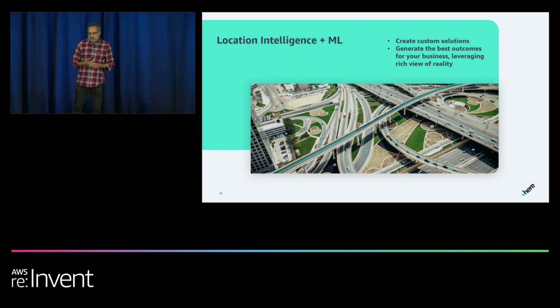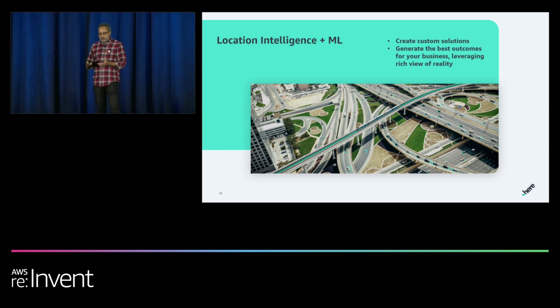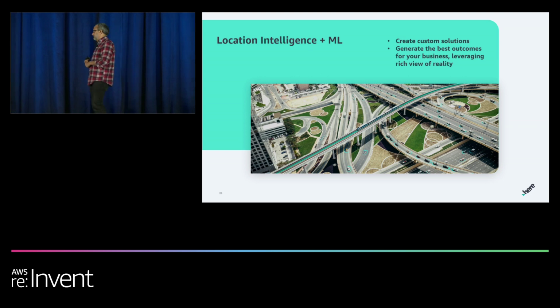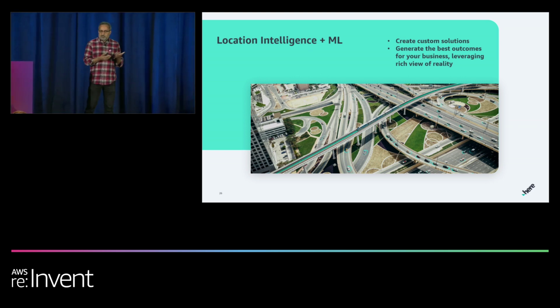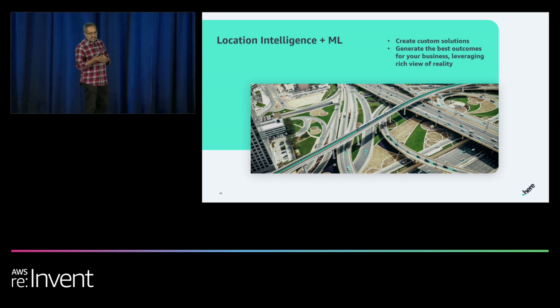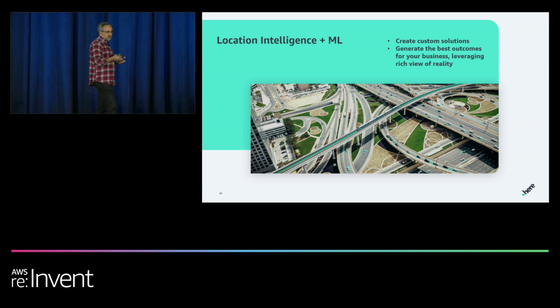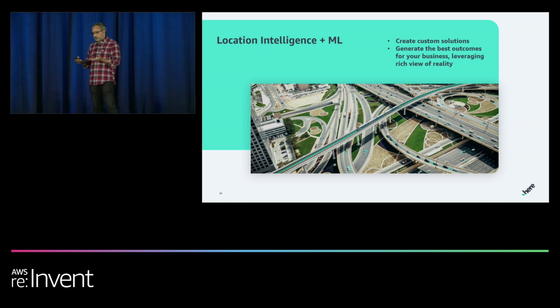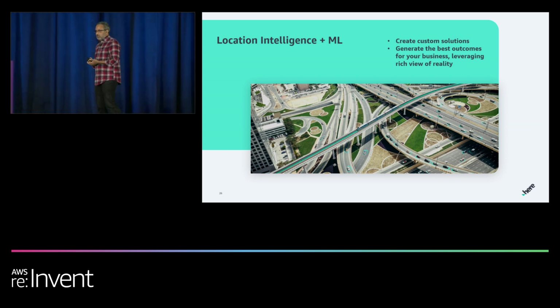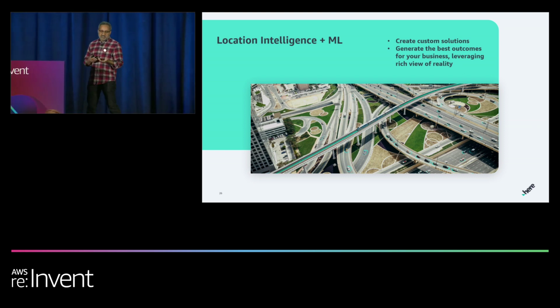So my question to you is do you have business problems that would benefit from location intelligence and machine learning? If you do, remember we have location services and data, both dynamic, historic, and details about the road network, as well as an easy integration into SageMaker and all its capabilities. We have found the shadow testing capability to be very useful for us in the situations that we encounter.